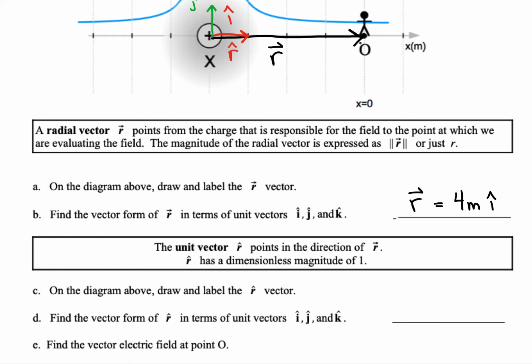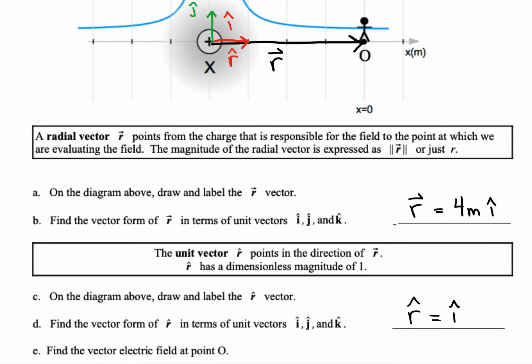It points in the same direction as r, but it's shorter. It has a magnitude of 1. If we were to find the vector form of r hat in terms of i, j, and k, in this particular case, r hat is i hat. That doesn't always happen. Our r vector can point in any direction. In this particular case, it happens to point in the same direction as i.